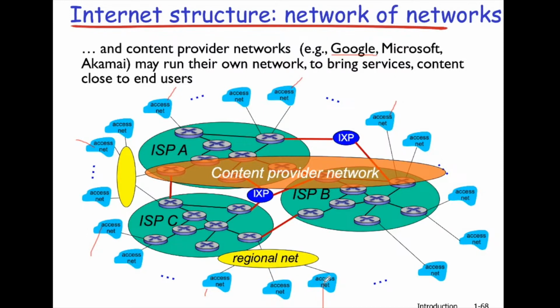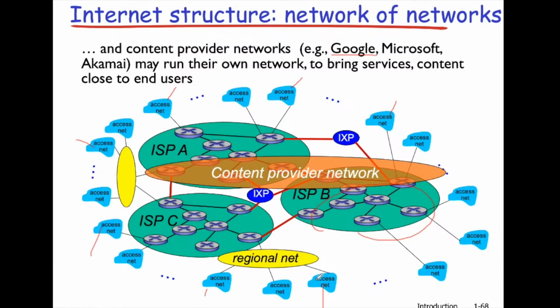Now, the number of machines they are maintaining there at their data center and the connections they are buying from the local ISP are actually comparable to the global ISP here. The entire infrastructure at the content provider network is just as big as the global ISPs in the middle.